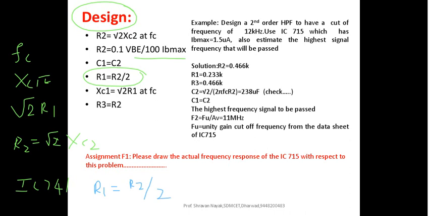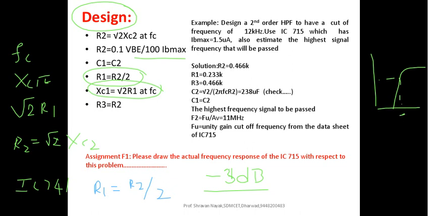Accordingly, XC1 is equal to root 2 into R1 at cutoff frequency. Please recall, the cutoff frequency takes place at 3 dB lesser gain. You can even refer to the frequency compensation circuits which you have studied earlier. And finally, R3 is equal to R2.